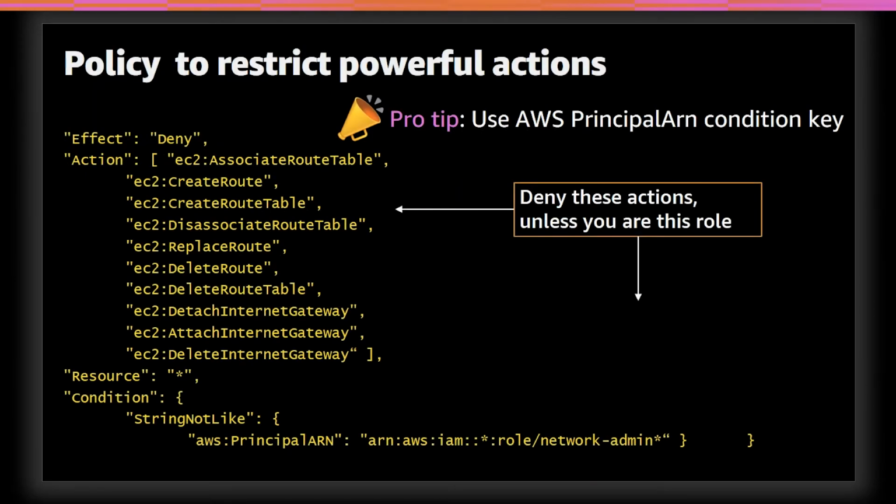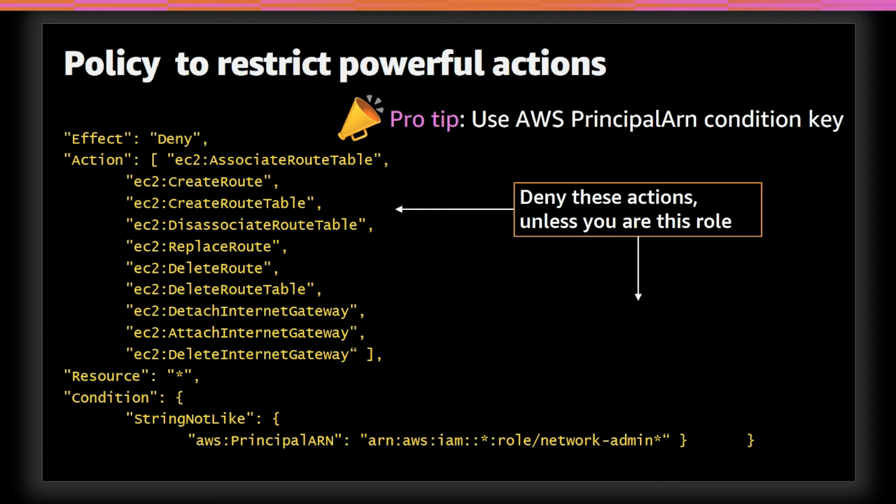This is the policy, probably one of the few policies you're going to see today. This basically says, deny these actions if the principal is not the network admin. Now with SCPs, what we recommend, and you'll see in the management account, is that there'll be a default full access. Now remember, SCPs don't grant access.